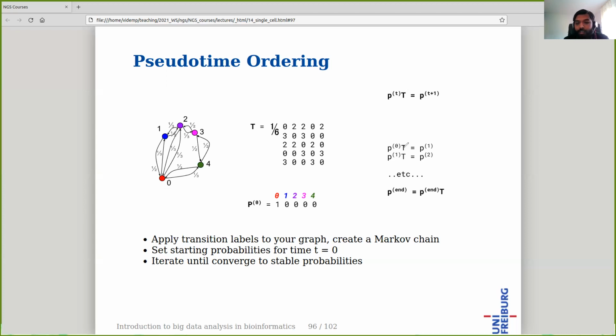So we do a simple matrix multiplication for each step. So p1 is p0 times T, p2 is p1 times T, and so on, until at the end it converges where pn times T is pn. So there are no more changes.